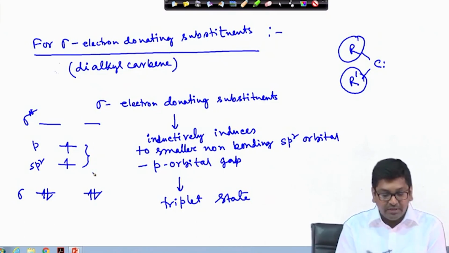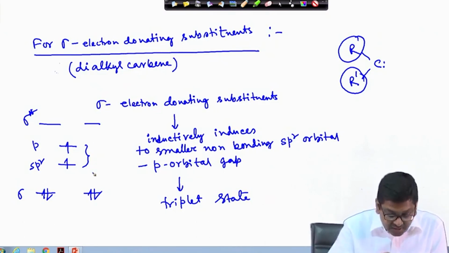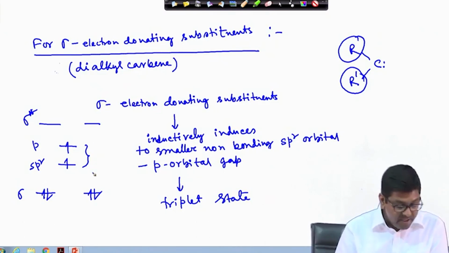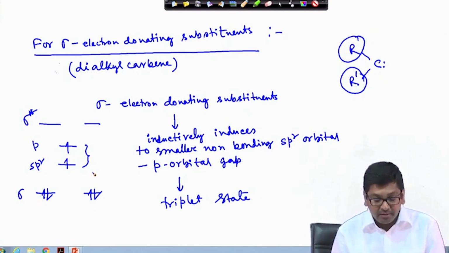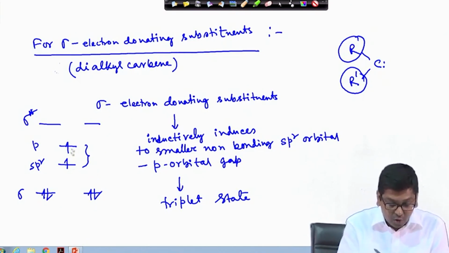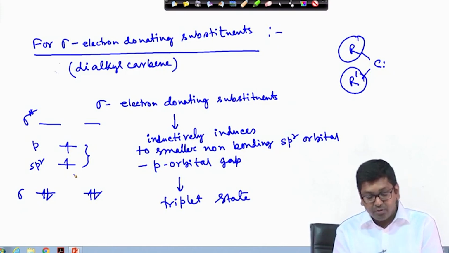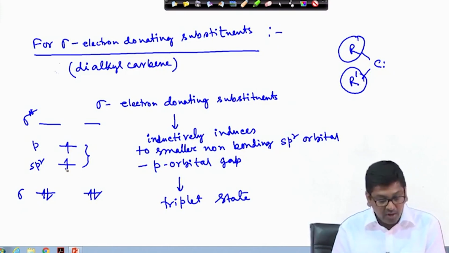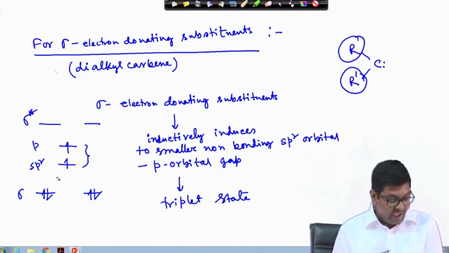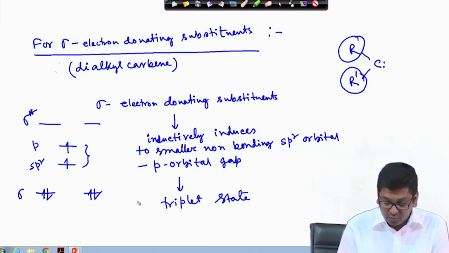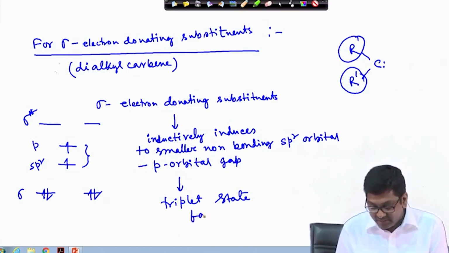Once this energy decreases, this carbene wants to stay in the triplet state, because the energy difference between sp2 and p is now lower. So it will remain in the triplet state. The triplet state is favored.